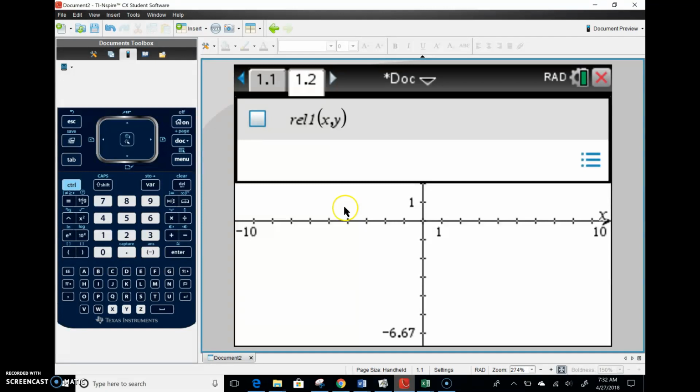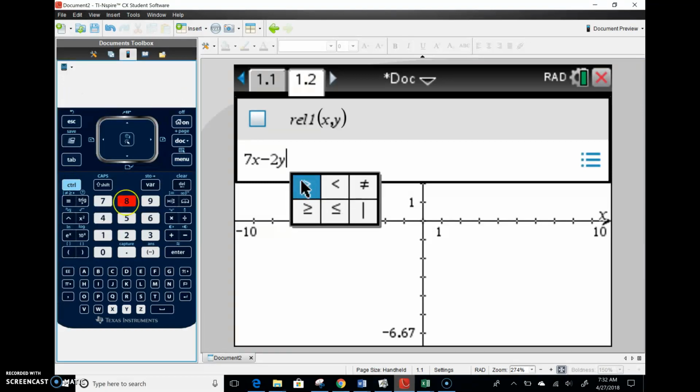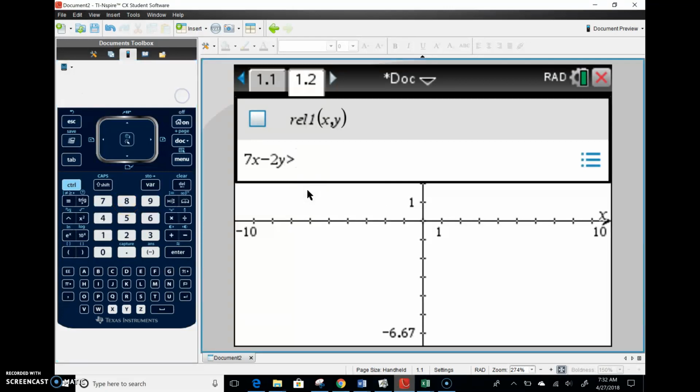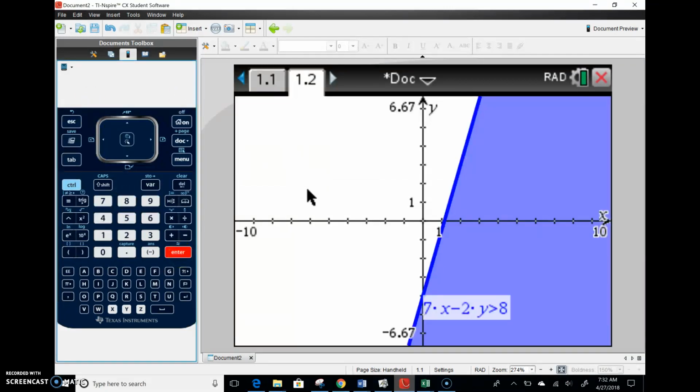For the relations, remember, we just type in 7x, exactly what we see, minus 2y is greater than 8. Enter.